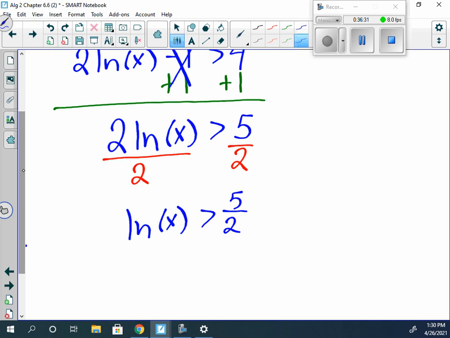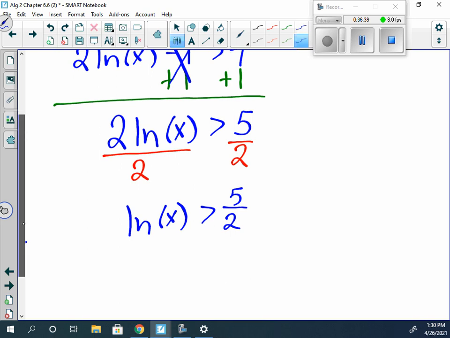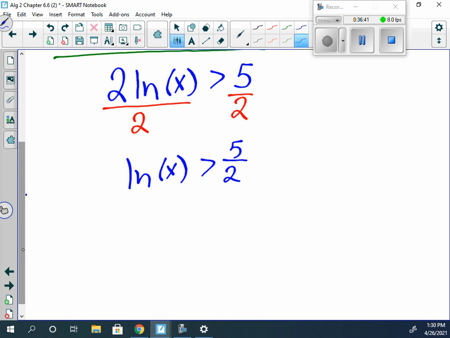Any questions over anything we've done thus far? Now, what do we need to do next to solve for the value of x? We need to put both sides to the base of e. E to the ln of x will simplify, giving me just x is greater than e to the 5 halves.